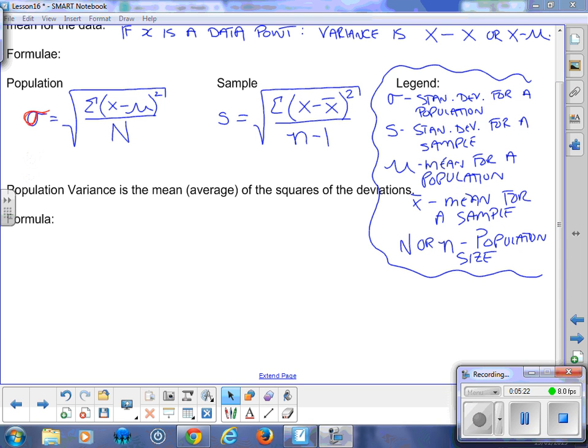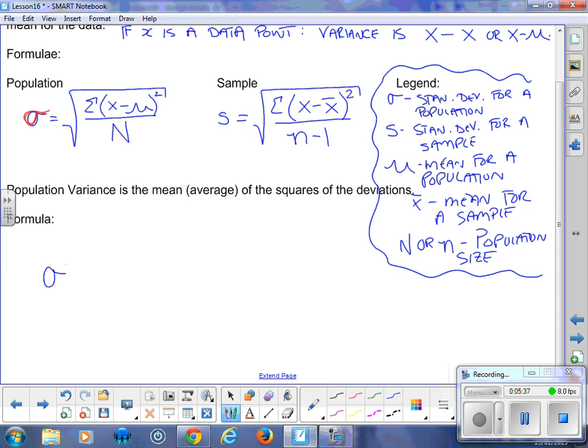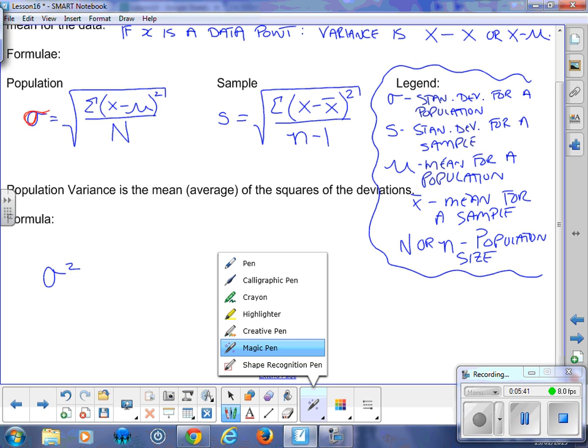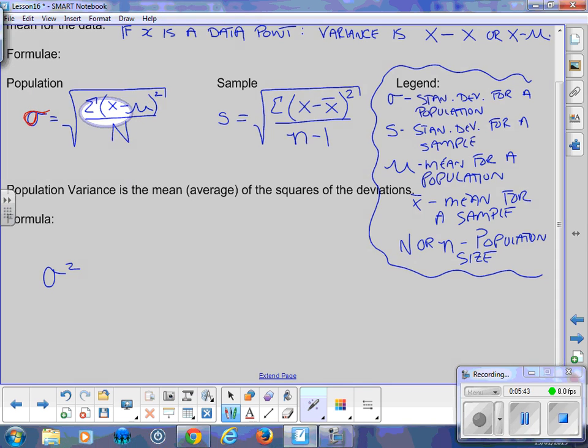Now underneath here I have population variance. Population variance is the average of the squares of the deviations. When you first hear that, you're not sure what it means, but basically we take sigma and we square it. If you look at the two formulas from above, it's related to what I'm going to do now.